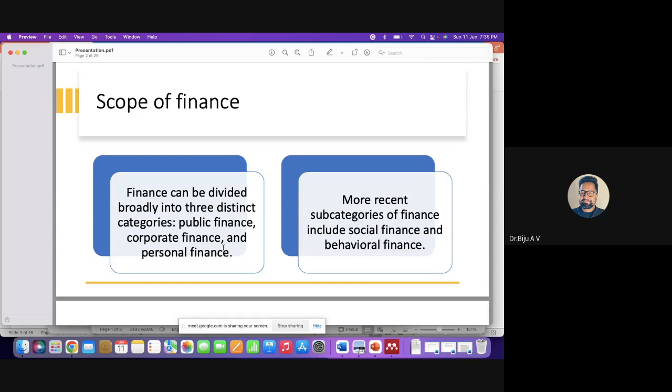And there is a new categorization, that is social finance. Social finance means financial inclusion, exclusion, financial deepening, that area. Social finance, or finance to the social services, social entrepreneurship, like impact financing, etc. And behavioral finance, of course, is another categorization.